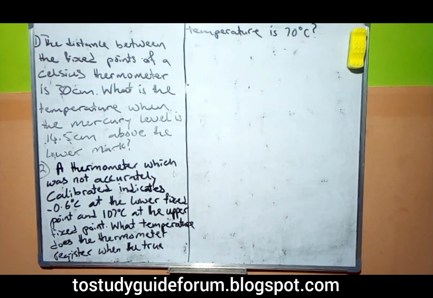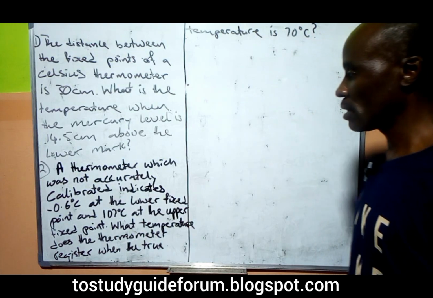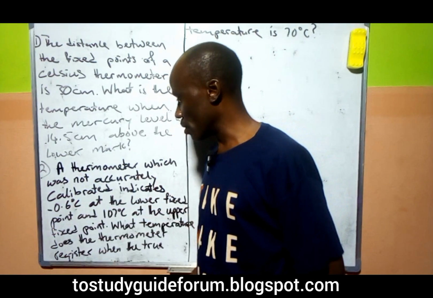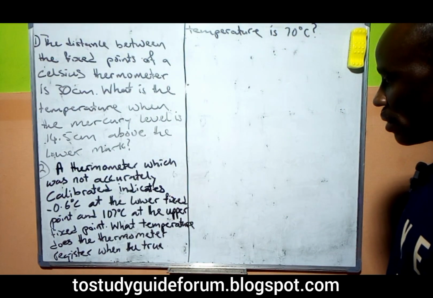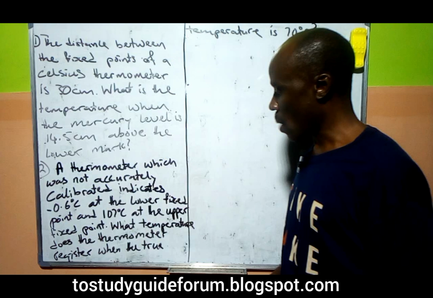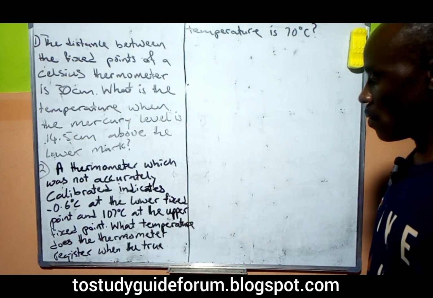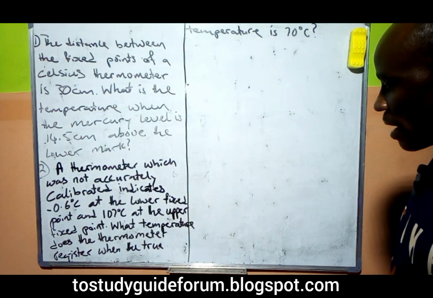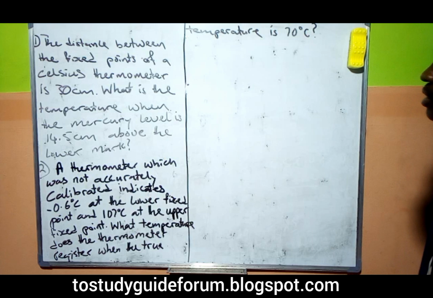In this second one, it said that a thermometer which was not accurately calibrated indicates minus 0.6 degrees Celsius at the lower fixed point and 107 degrees Celsius at the upper fixed point. What temperature does the thermometer register when the true temperature is 70?